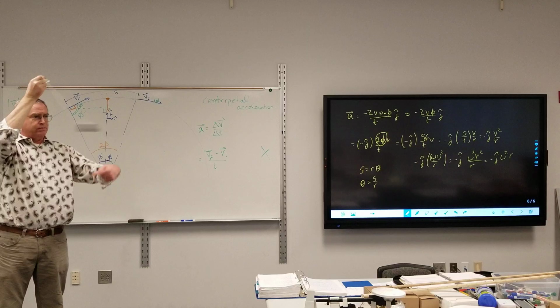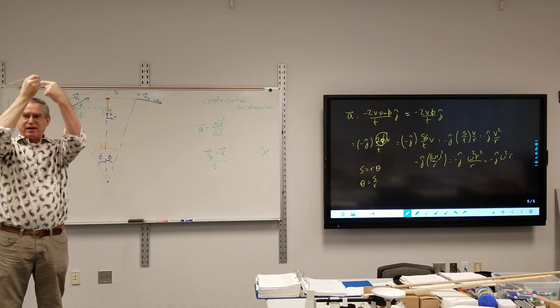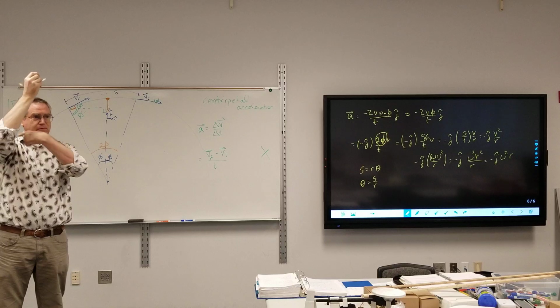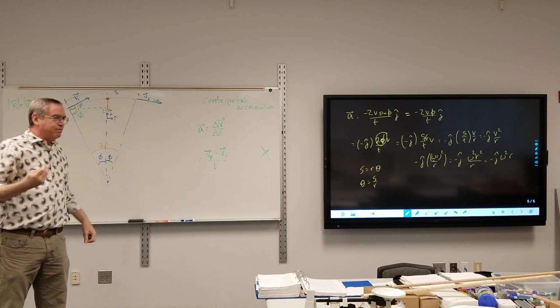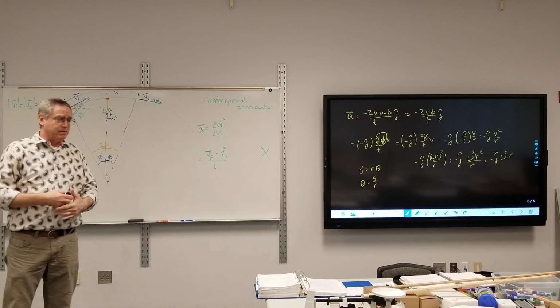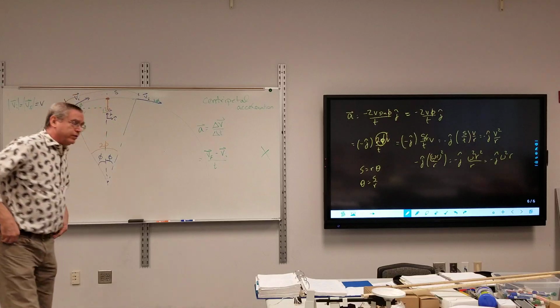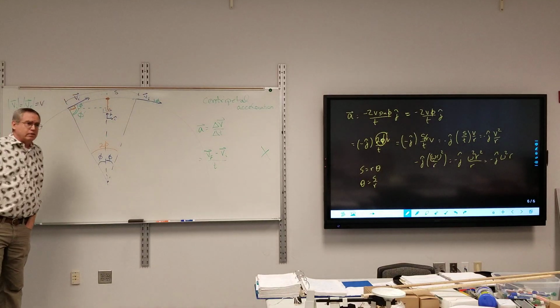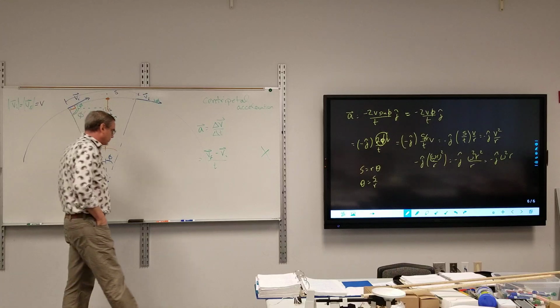If it's horizontal, the center of the circle is somewhere around here, not where my hand is. There's a net force in that direction. If that's the direction of acceleration, that has to be the direction of the net force. That force is called the centripetal force. The acceleration it's experiencing is called centripetal acceleration.